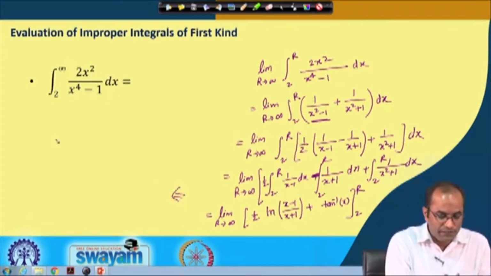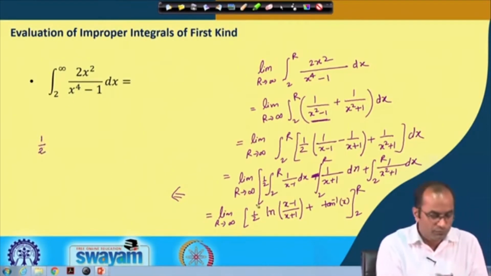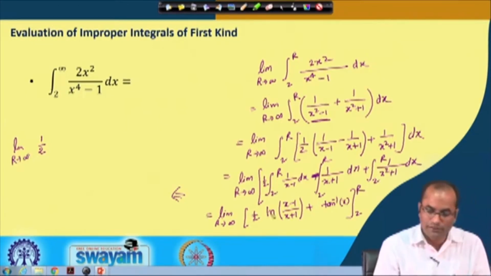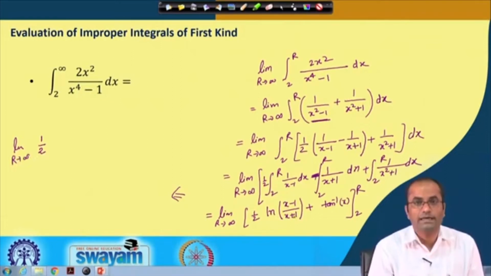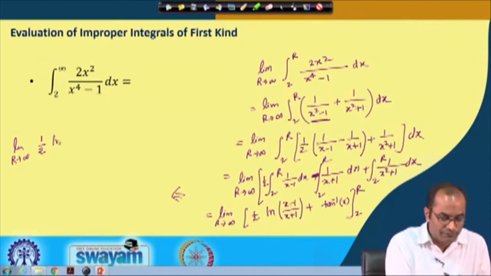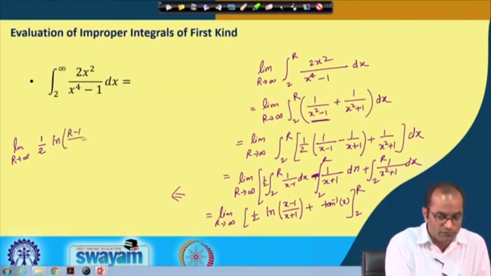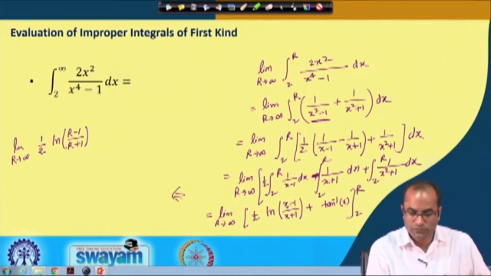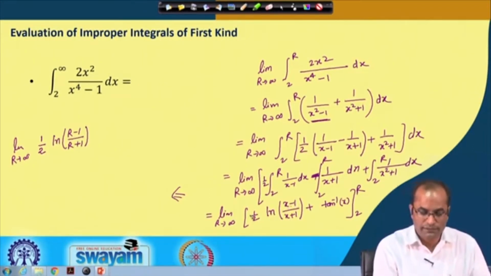So, that will be half, and we put the limit at the end, r to infinity. We have this half and ln of the upper limit, (r minus 1) over (r plus 1), and minus this at 2: 2 minus 1 is 1, and here we have 3.